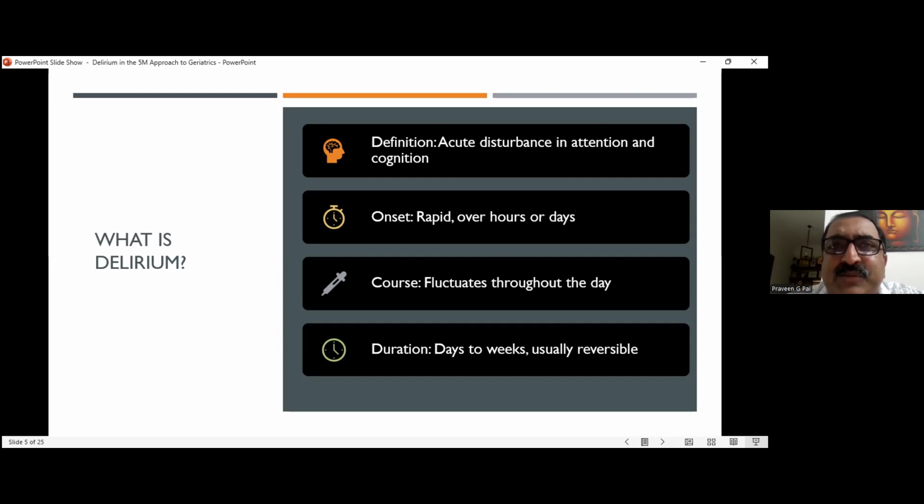So there is a judgment which we have to make. Sometimes a person can go into delirium towards the end of life, and that we have to manage separately, not to reverse delirium. Our principal aim is not reversal of delirium, but quality of life and, as much as possible, keeping the person oriented to time, place, person. Those will be the priority.